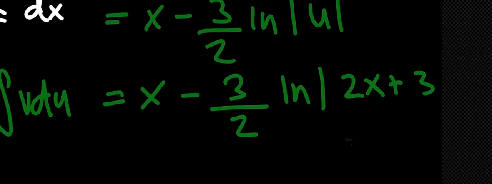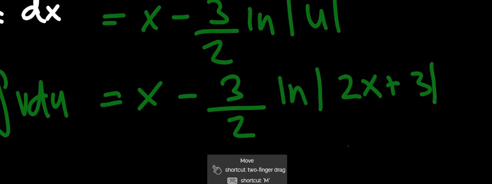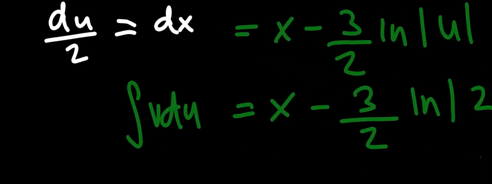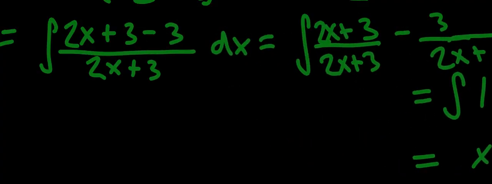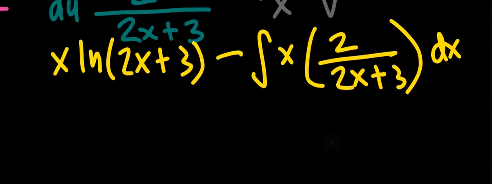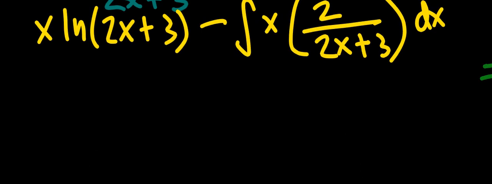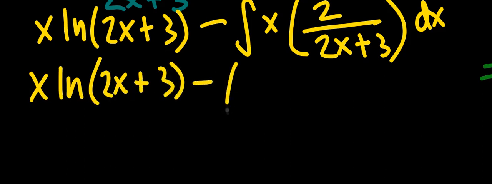Now I'm going to go back and put it back where we started from, right? We started from here. So our x ln 2x plus 3 minus, and then this is the integral v du.